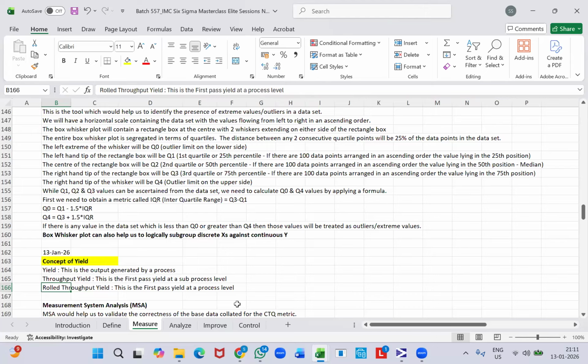and then simply multiply them to get the roll throughput yield, because you'll be asked multiple questions to calculate the roll throughput yield for a given scenario. They would have given the throughput yield values for the various sub-processes as percentage values.